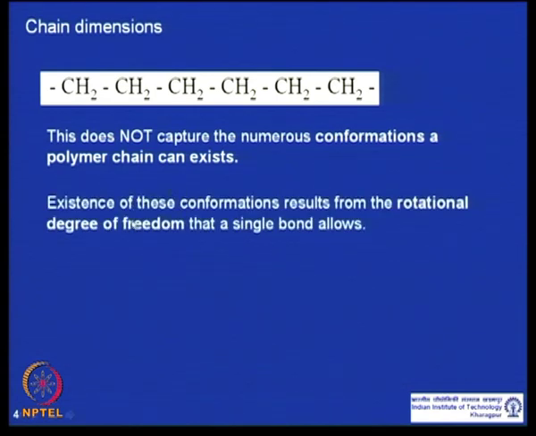Now, as we said, the existence of these numerous conformations results from the rotational degree of freedom that a single bond allows. Depending upon the substitution, rotation across a single bond is always allowed.